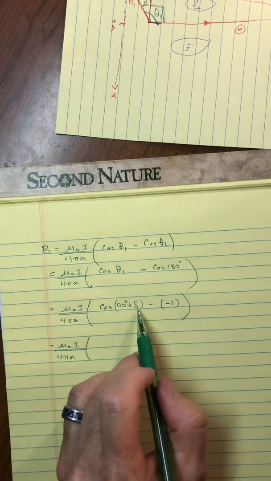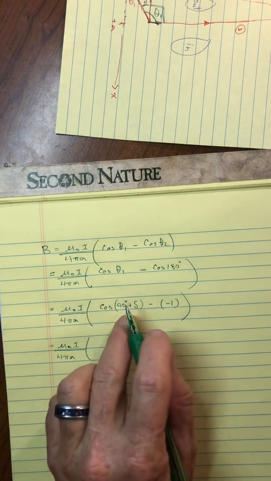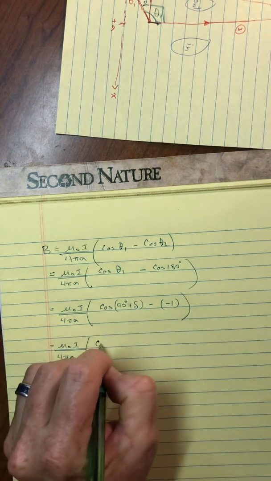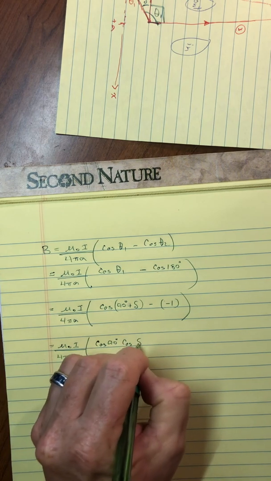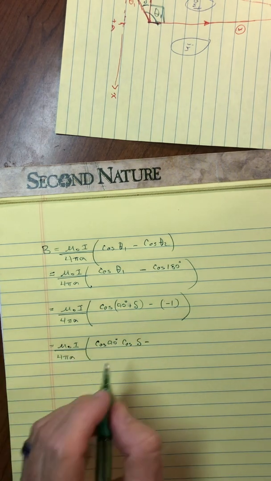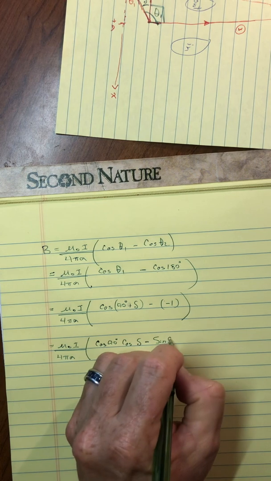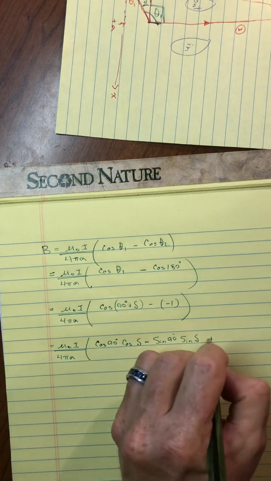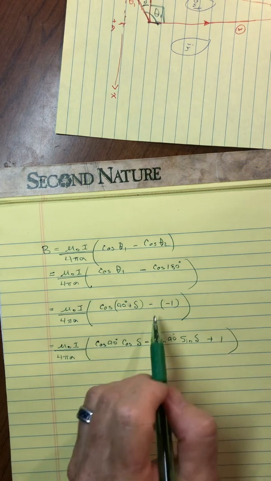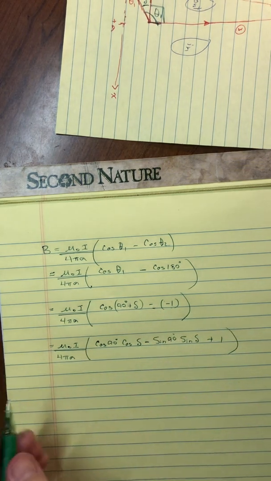I'm going to go to one of those trig identities. The cosine of two angles added together is the cosine of the first times the cosine of the second, minus the sine of the first times the sine of the second. And then these two negatives, I'll just make a positive.